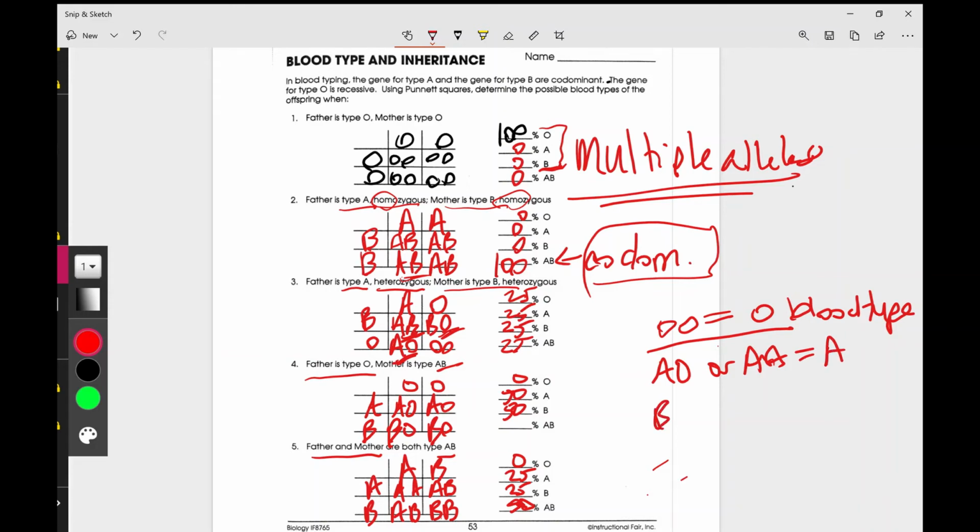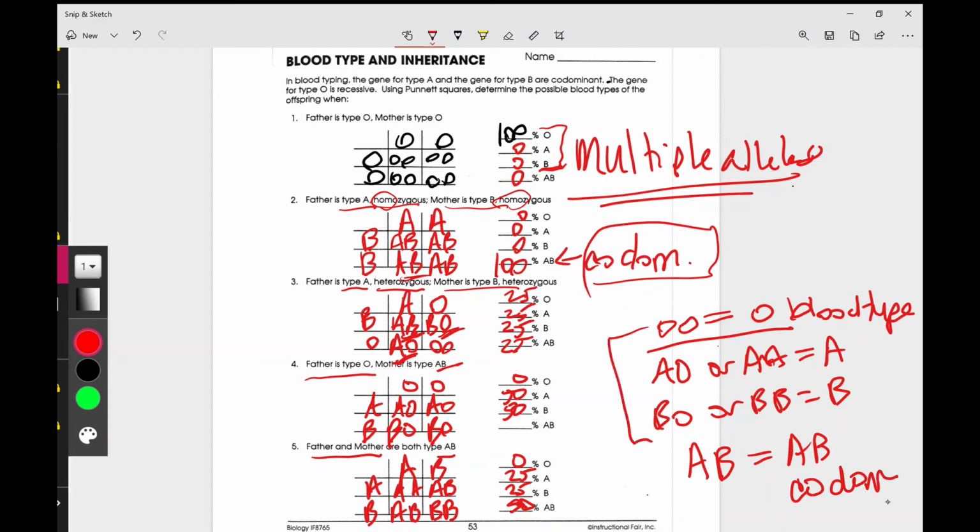If I have BO or BB, that's how I have B blood type. And the only way to have AB blood, which is your codominance, is to have AB. And remember, the three choices of alleles are A, B, and O. That's why it's called multiple alleles.